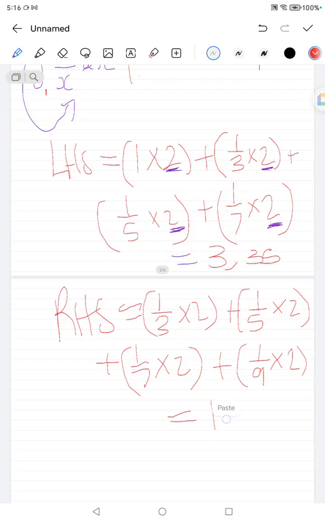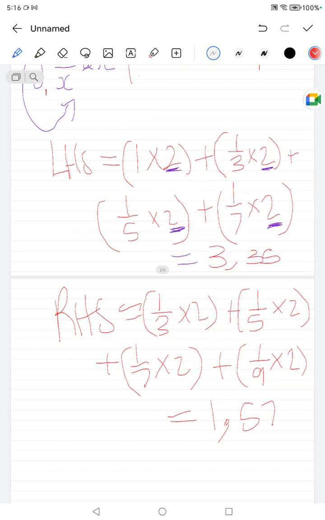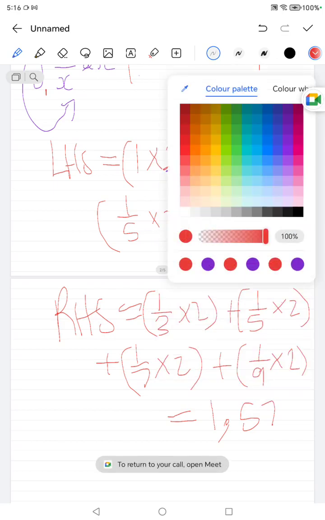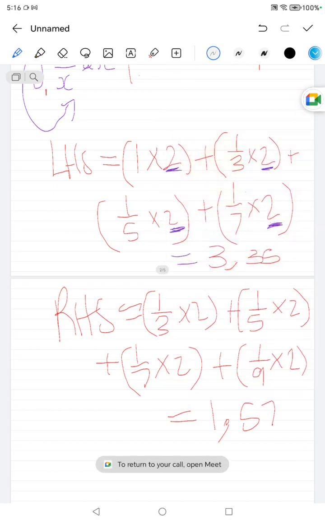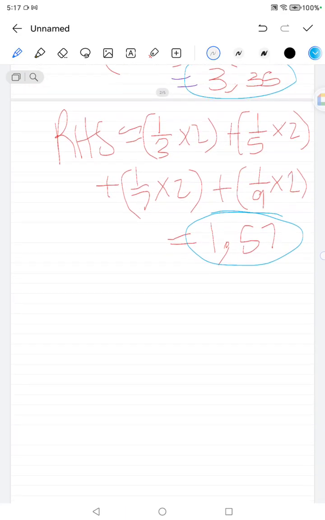It's 1.57. Then we now have a 1.57. Remember the first answer was this, then we also have this one. Now what we have to do, remember we're estimating.